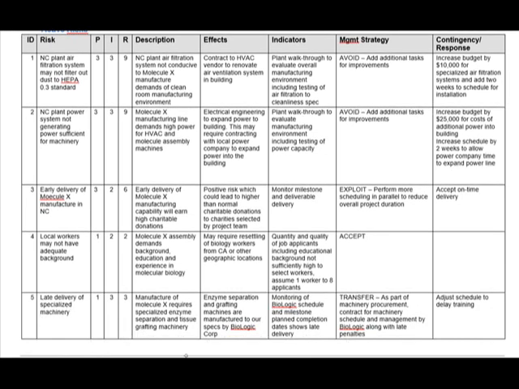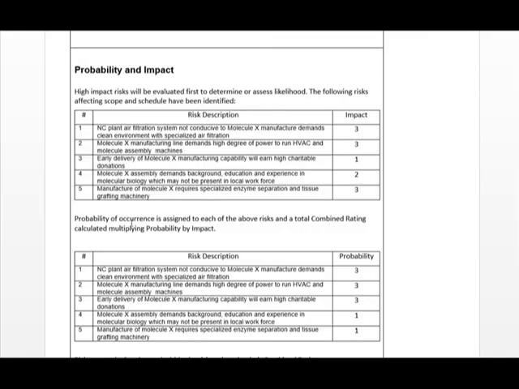So these are our 5 basic risks. Those compared to our risks here: the air filtration system, the manufacturing line, early delivery, the assembly demands an experienced workforce, and specialized separation and tissue grafting machinery.